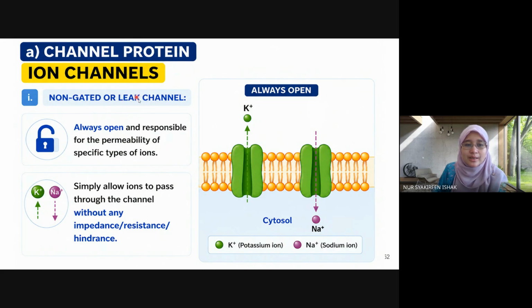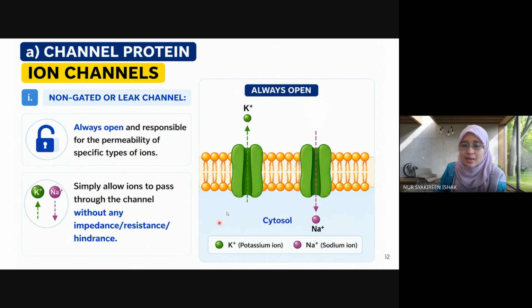So it says here always open. So that's why it uses the term leak. The one feature of this leak ion channel is that it is always open, and responsible for the permeability of specific types of ions. So it simply allows ions to pass through the channel without any resistance, without any hindrance.